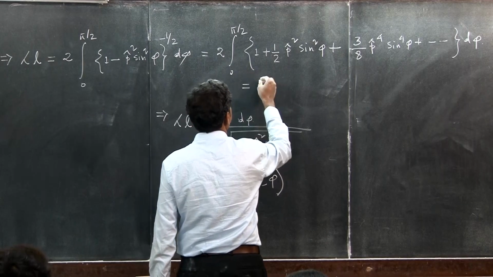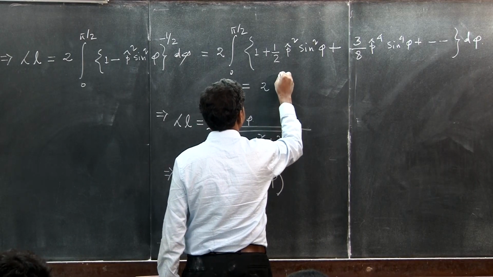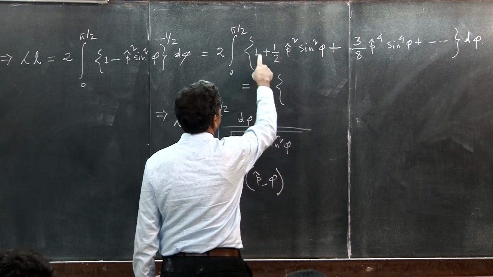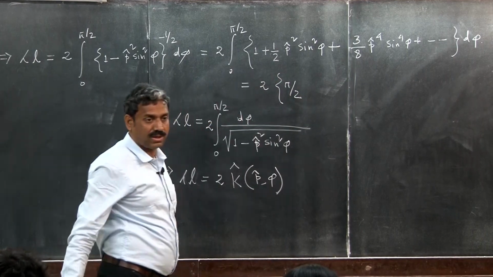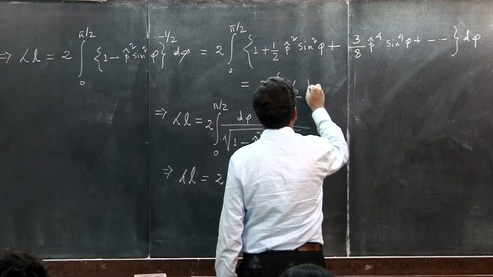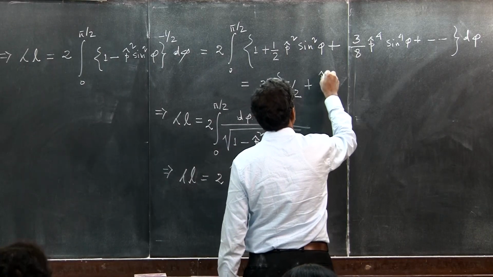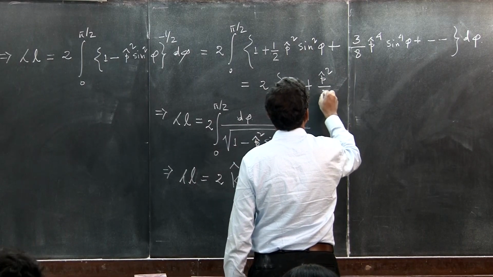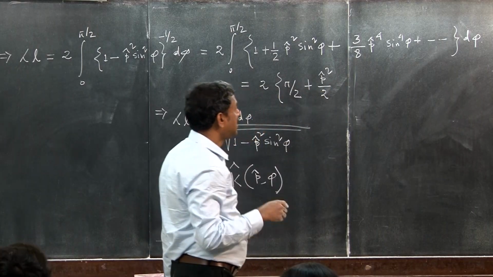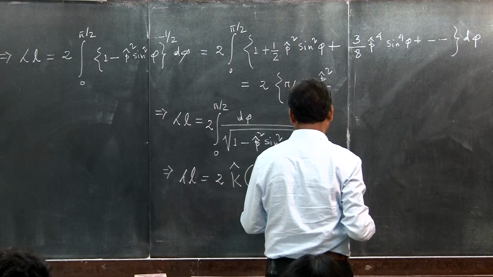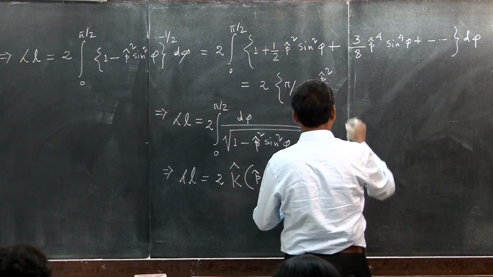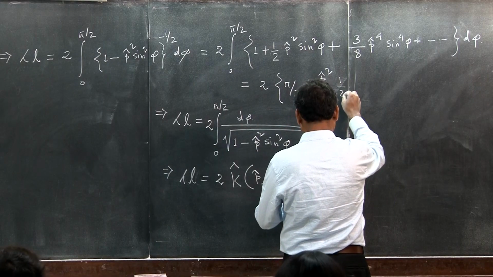When you integrate, the first term gives pi by 2 integration d phi from 0 to pi, plus p cap square by 2 integration 0 to pi by 2 sine square phi d phi, where another half will appear.